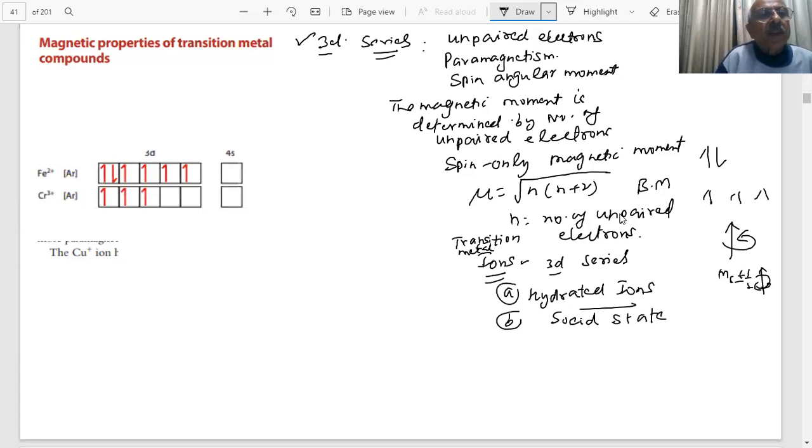For example, if I consider scandium 3 plus ion, question: scandium 3 plus, is it paramagnetic?